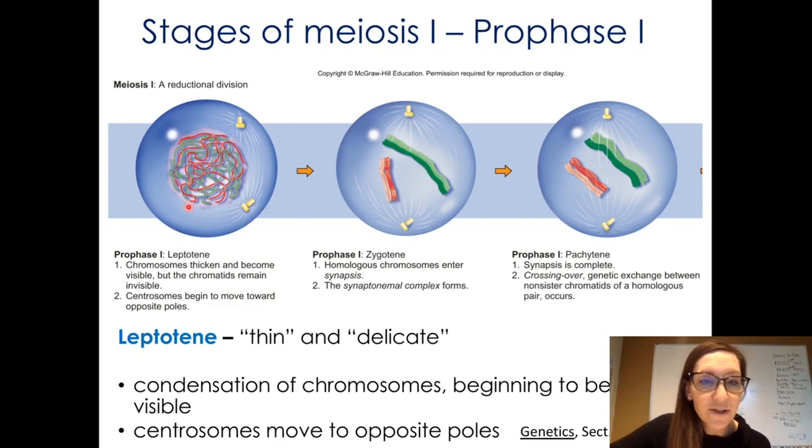We saw that also in mitosis. We get condensation of the chromosomes. You can see here they're beginning to condense. You have the movement of centrosomes to opposite poles, and all of this is what we do see in mitosis. This is occurring in leptotene, which means thin and delicate. So this is still before they become really observable thick filaments.